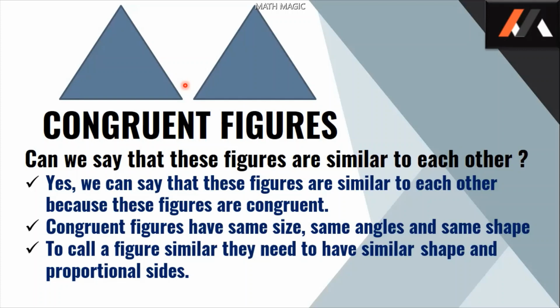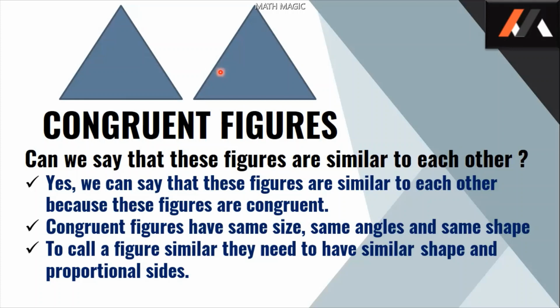Now, let's compare congruent figures with similar figures. Both these triangles are congruent triangles. So, I can say that the corresponding sides and the corresponding angles are equal.